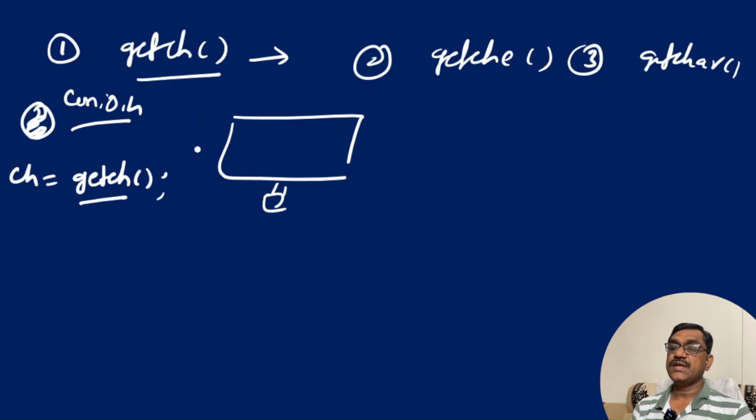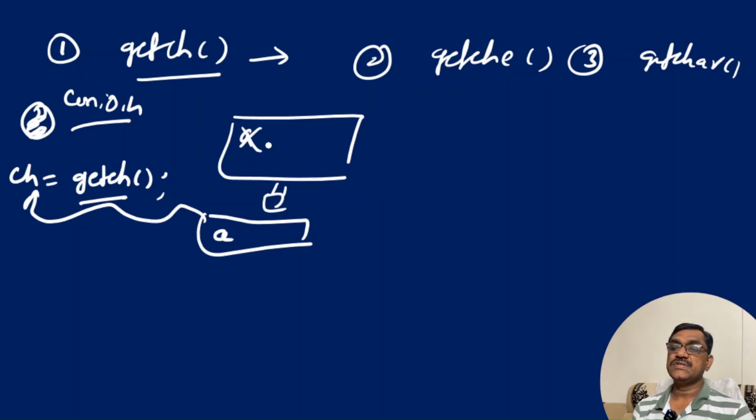Getch is waiting for a character to be entered. Assume that you have pressed A on the keyboard. When you press A, automatically that character A is read into ch, but the character A that you pressed is not displayed on the screen. Please remember this.